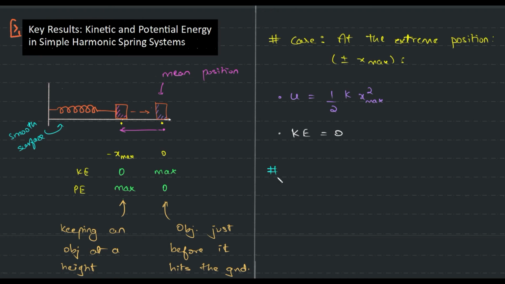Okay, so simple case. Now we'll take the case at the mean position. At the mean position, x is equal to 0. So your potential energy will be equal to 0, while your kinetic energy will be half m v max square, right?